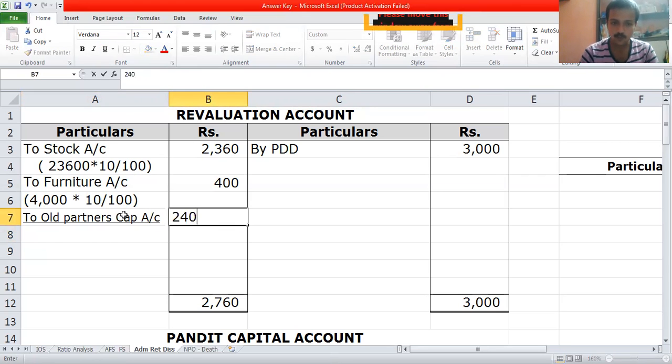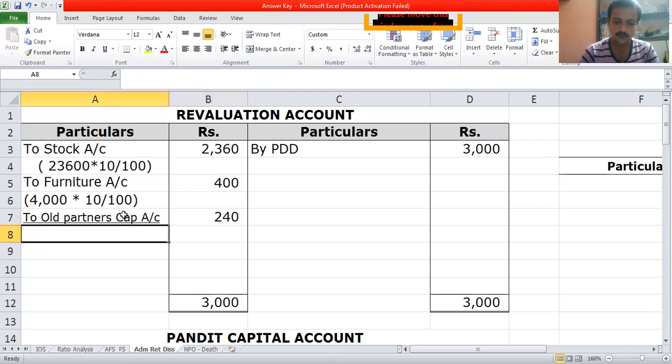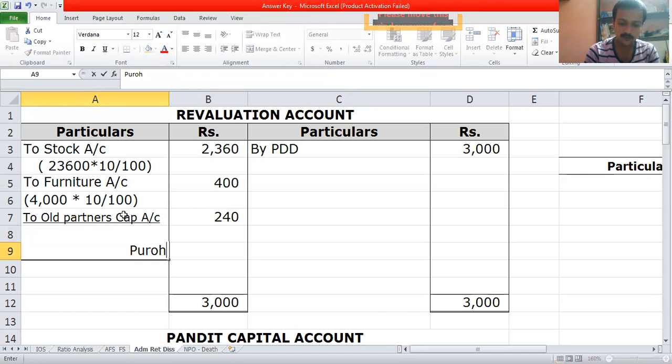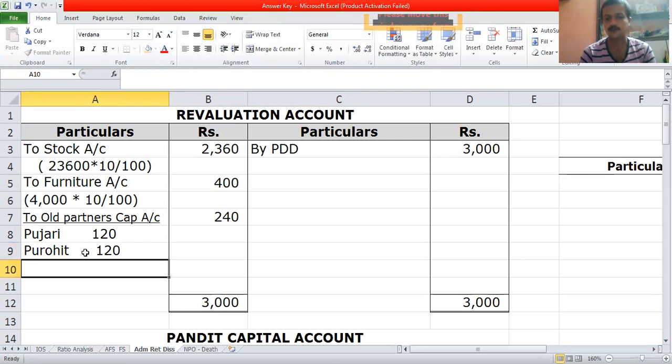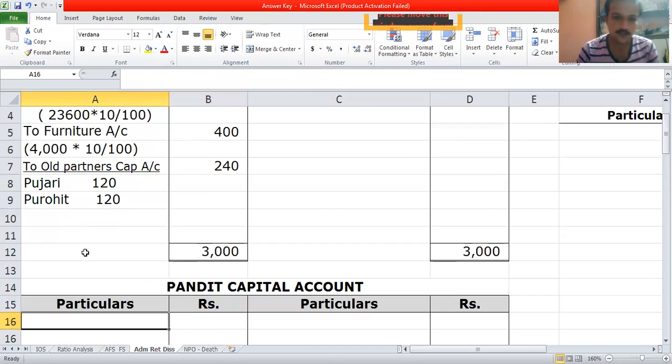The difference will be 240 rupees. This 240 should be distributed to the old partners in their old ratio, and it is equal. So Pujari gets 120 rupees and Purohit also 120 rupees, as they are equal partners. With this we finished with the revaluation.